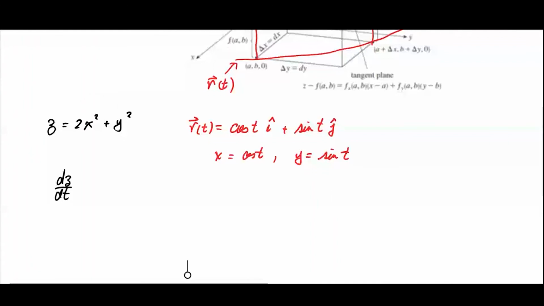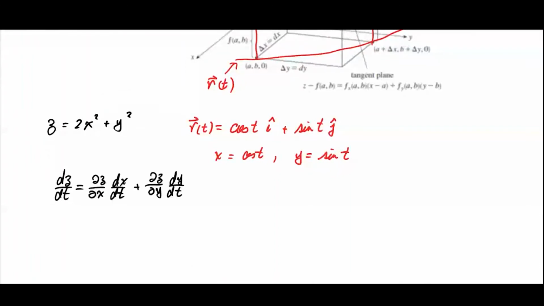So this is equal to, the computer is really misbehaving. Okay, right. First, partial z over partial x times dx over dt. I'm just rewriting the formula. Plus partial z over partial y times dy over dt. So you have to do it for both x and y variables.